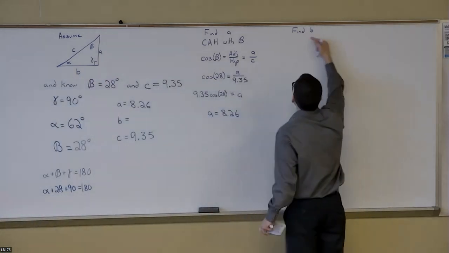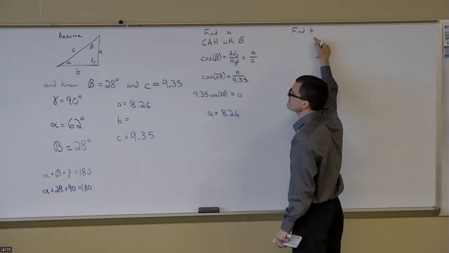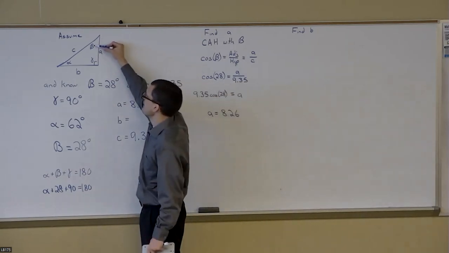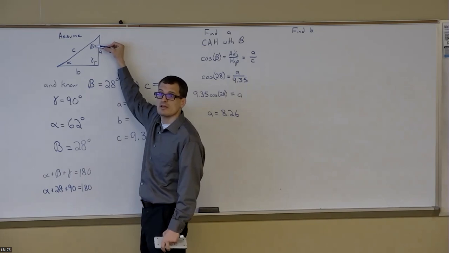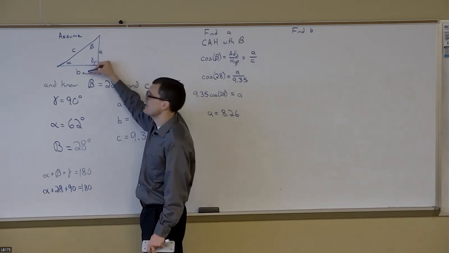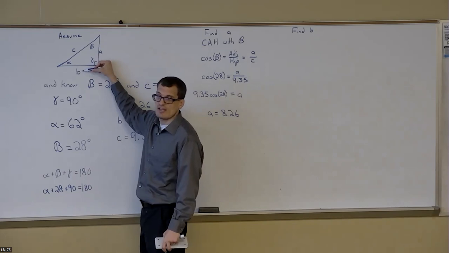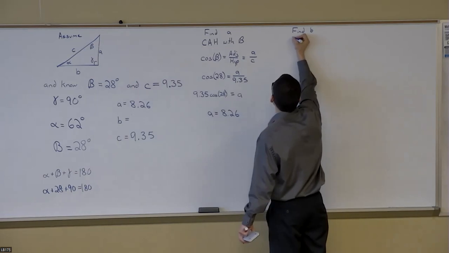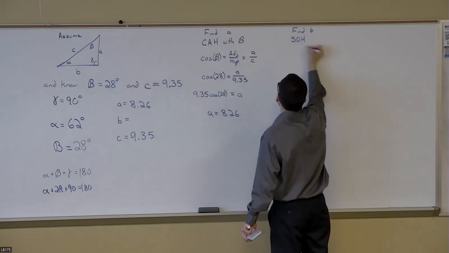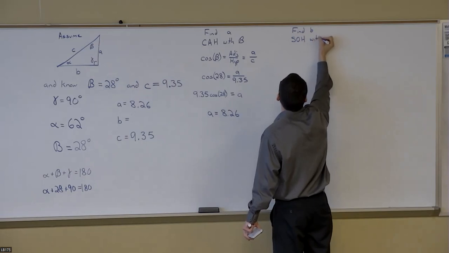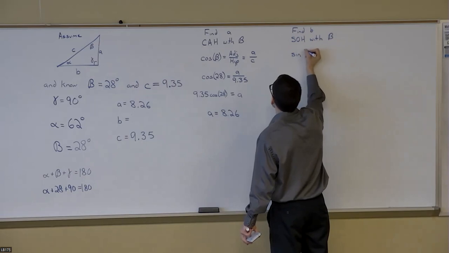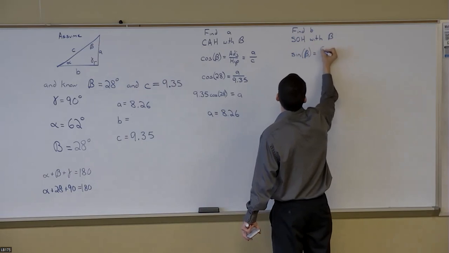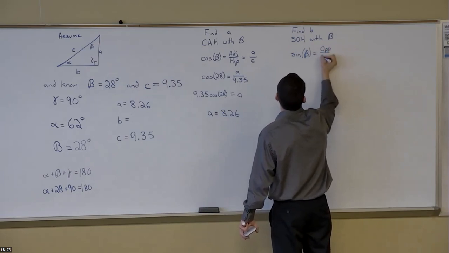And so, to find b, I'll once again use angle beta. For angle beta, b is the opposite side. And I was given the hypotenuse, so I'm going to use SOHCAH, the SO part, with beta, because I can say sine of beta is equal to the opposite over the hypotenuse.